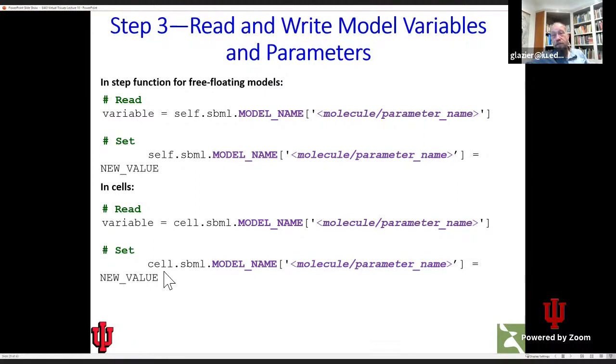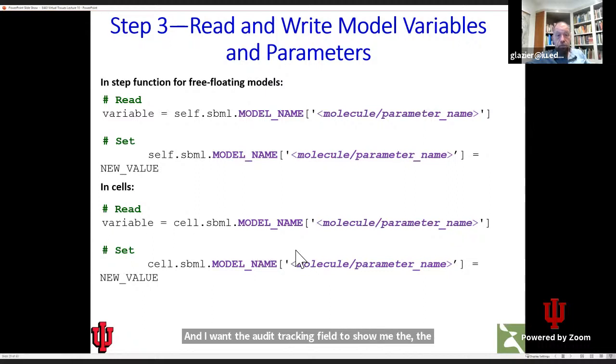The one time you will have to copy parameters in and out of the SBML is if you want a tracking field. So if I create this auto tracking field, and I want it to show me the concentration of a molecule inside the SBML, at the moment, the tracking field can only track properties of cell.